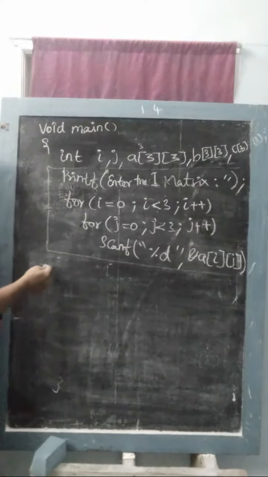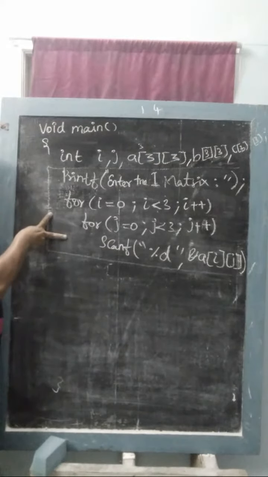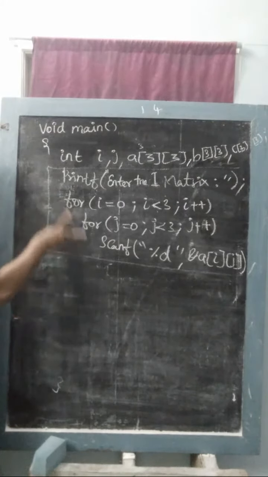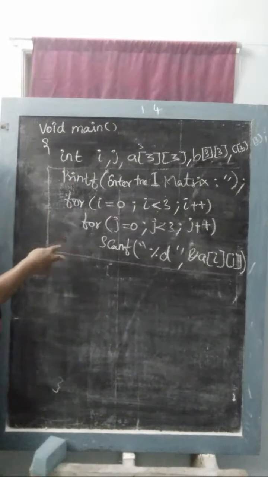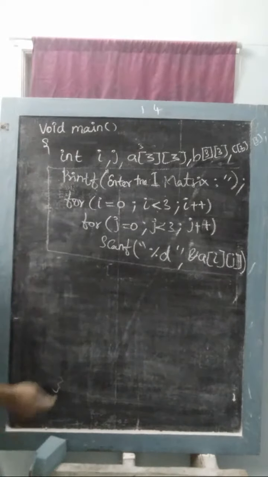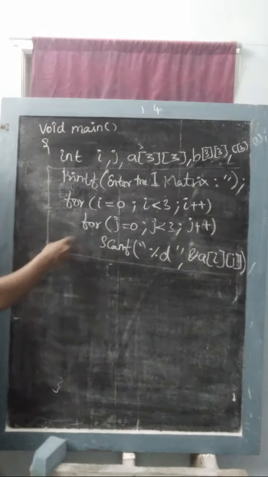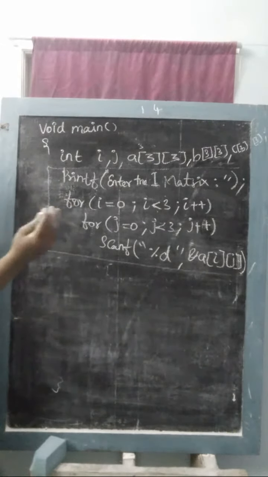So how many for loops have we completed? This is the first for loop to get the first matrix, the second for loop to get the B matrix, and third, we also need to use a for loop to add each and every element.